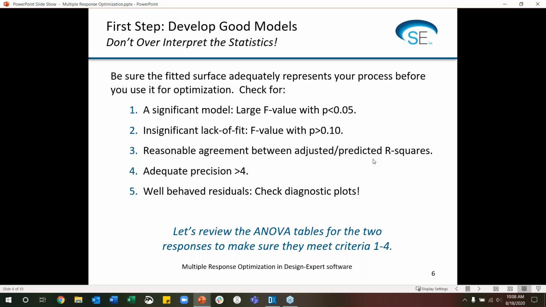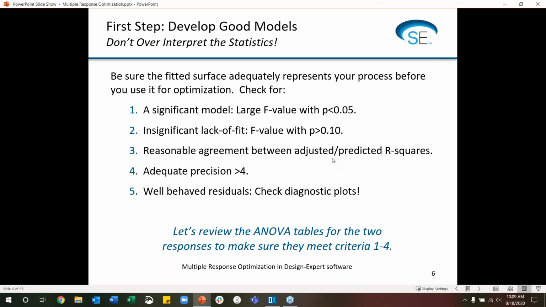What value do you want to do numerical optimization? My rough rule of thumb is about 0.5 or higher, especially with a predicted R-squared, would give me reasonable confidence that I am able to make predictions that will be meaningful in the future.